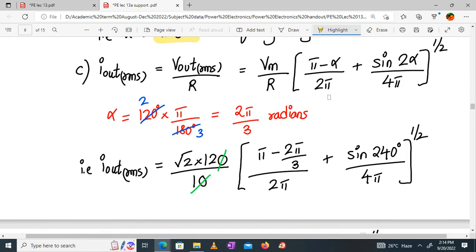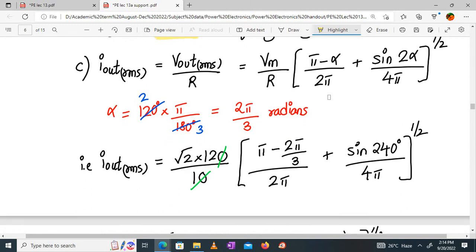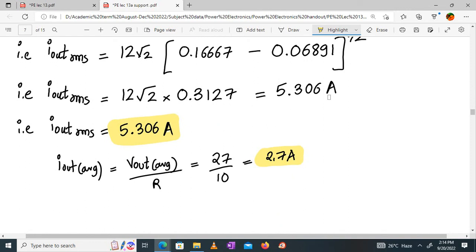So you have a straightforward I out RMS formula, all the terms are given. Alpha is there, Vm is there, you just have to calculate. So I out RMS is coming out to be 5.3 amperes and I out average is coming out to be 2.7 amperes. All of you got this?